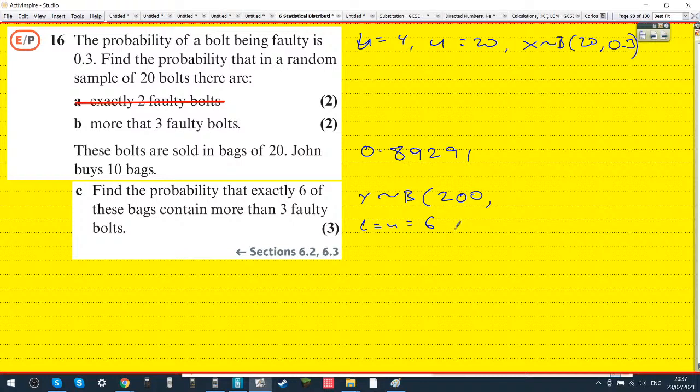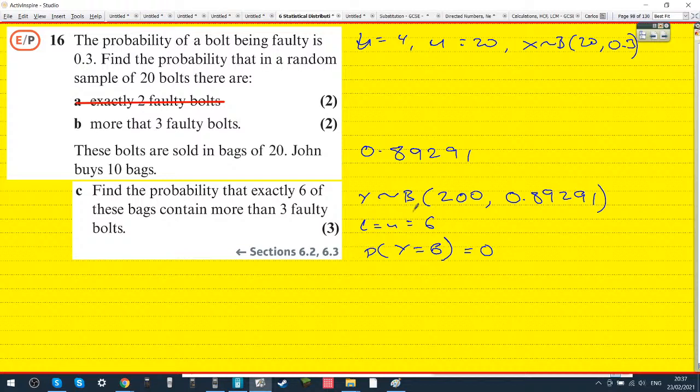And the probability would be the 5 significant figure number, which is 0.89291. I sure hope so. I got 0. Now that doesn't make a lick of sense. I put lower and upper as 6.